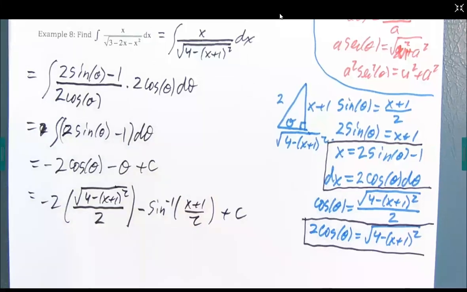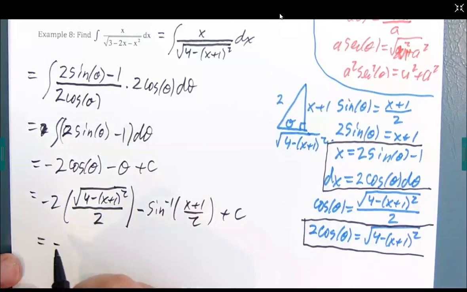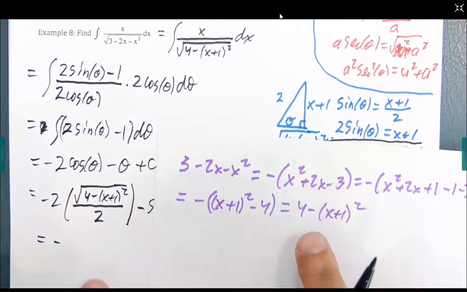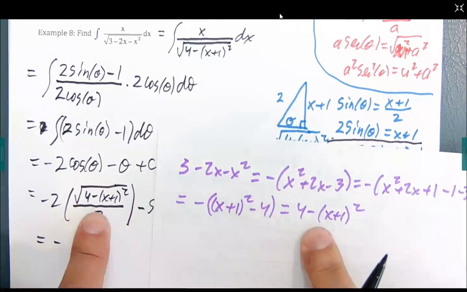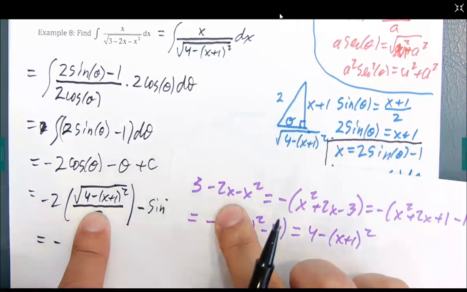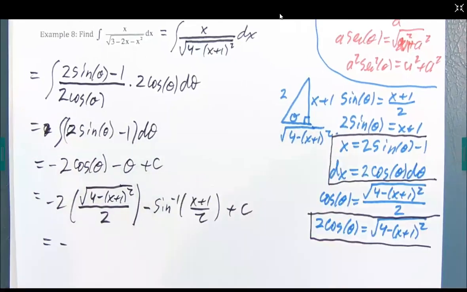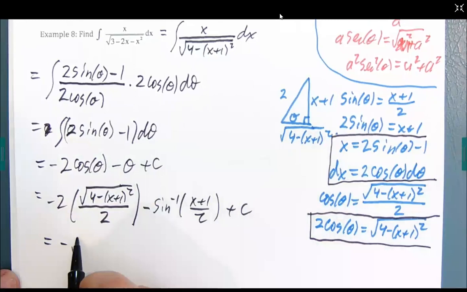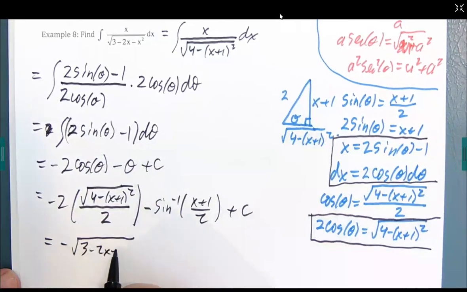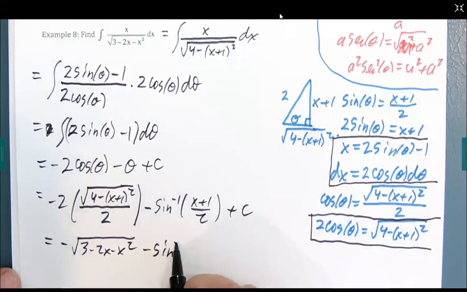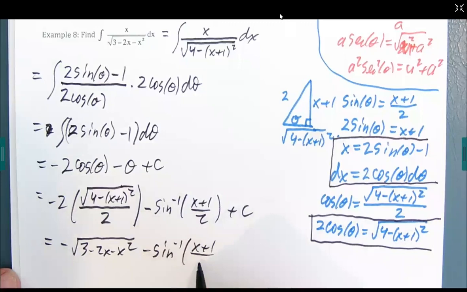I'm going to notice the 2's reduce out there. And it looks like we end up with just negative, and I'm going to go back. So this is what's under the radical. I'm going to write it back to what it originally was. You don't have to do that, but I'm going to choose to. So negative the square root of 3 minus 2x minus x squared, minus inverse sine of x plus 1 over 2 plus c.